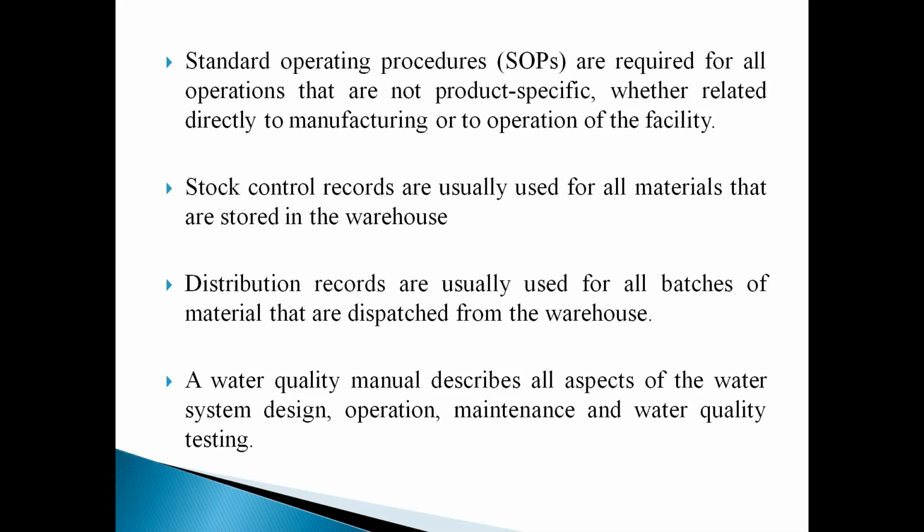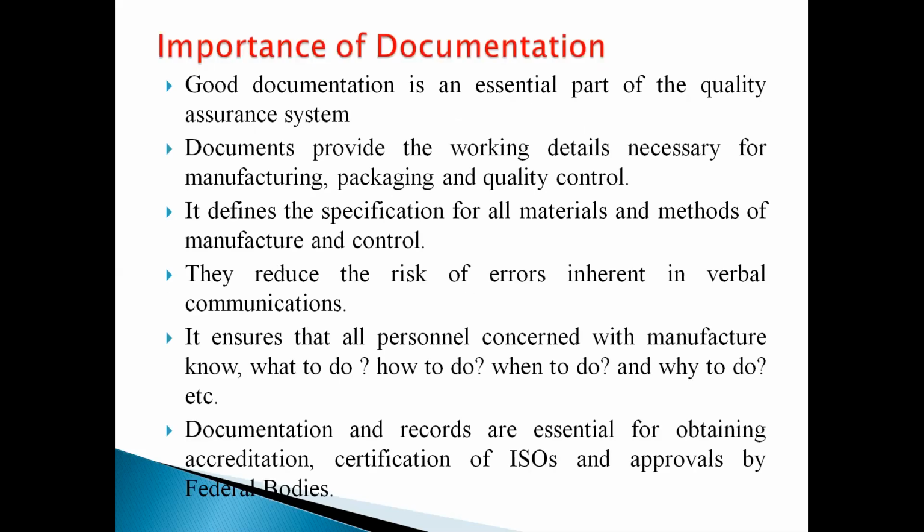Distribution records are usually used for all batches of material which are dispatched from the warehouses. Then a water quality manual describes all aspects of the water system design, operation, maintenance, and water quality testing.